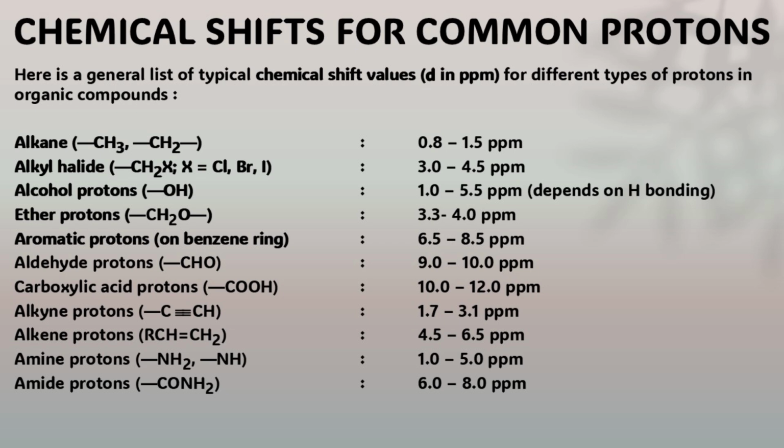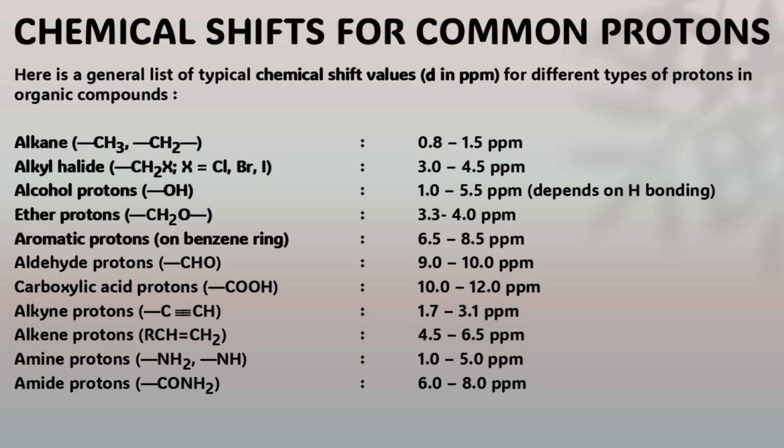Alcohol protons, OH, 1.0 to 5 ppm, depends on hydrogen bonding. Ether protons, CH2O, 3.3 to 4.0 ppm. Aromatic protons, on benzene ring, 6.5 to 8.5 ppm.